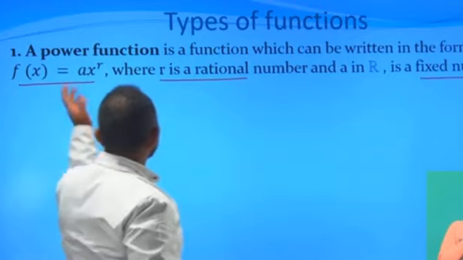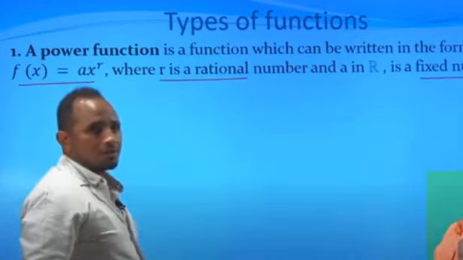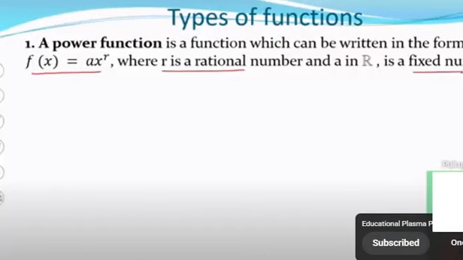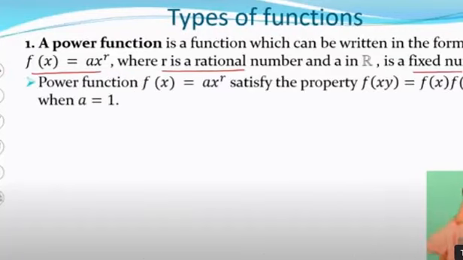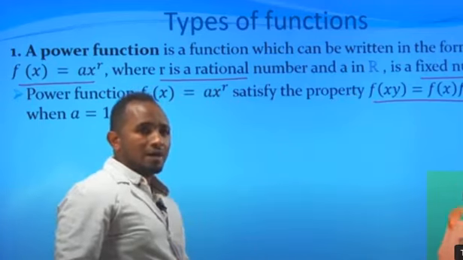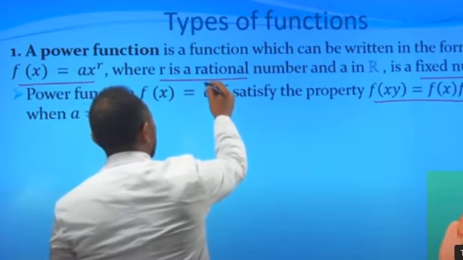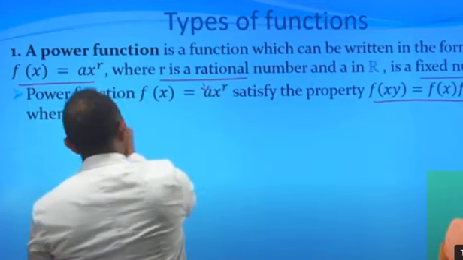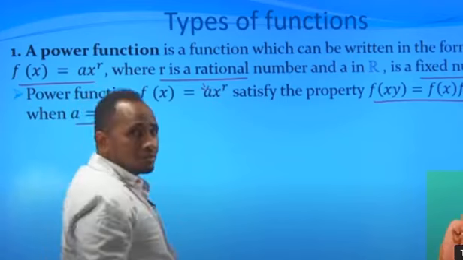A power function f of x equals a x to the power of r satisfies this property: f of xy is equal to f of x times f of y if the coefficient is 1. Please check this one by yourself.